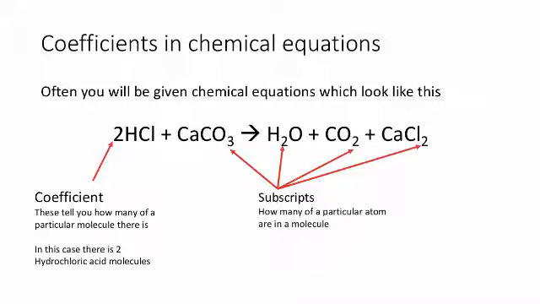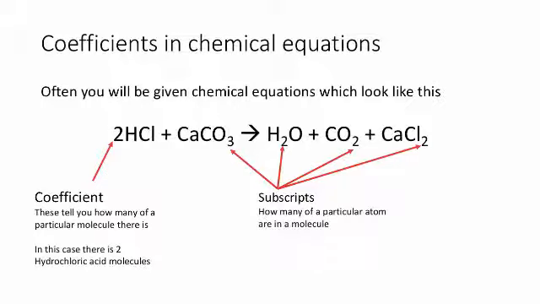You can also see subscripts which tell you how many atoms of an element are in a molecule. So for example, in calcium carbonate, we have 3 atoms of oxygen in a single molecule of calcium carbonate. In water, we have 2 atoms of hydrogen in the water molecule.